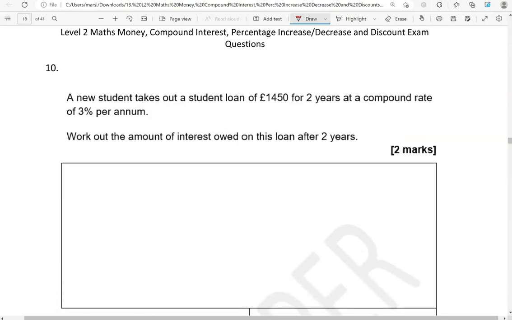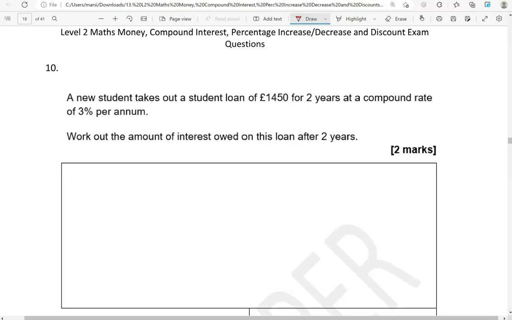A new student takes out a student loan of £1,450 for 2 years at a compound rate of 3% per annum. Work out the amount of interest owed on this loan after 2 years. We're going to use the formula.